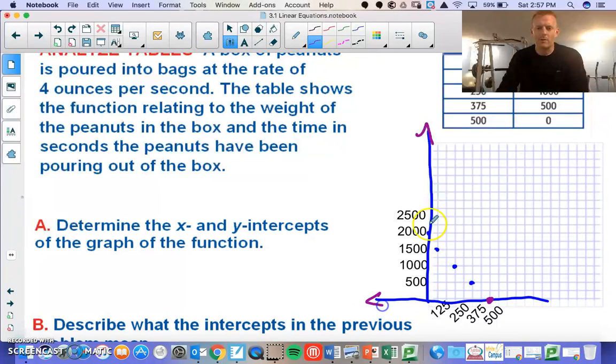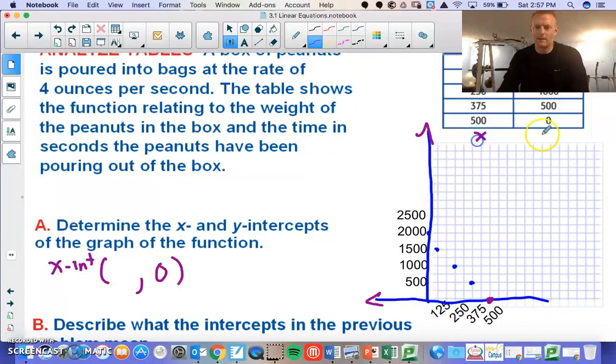So what we have going on here, if this were to continue on, it would provide us with a little bit of information that we need to know. The x-intercept is always when our y is equal to 0. So we're going to have something for x, and y is going to be equal to 0. That's my x-intercept. So if we look over here at our numbers on the graph, our x-intercept happened when y was equal to 0.